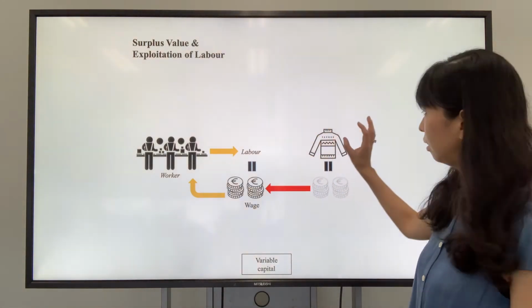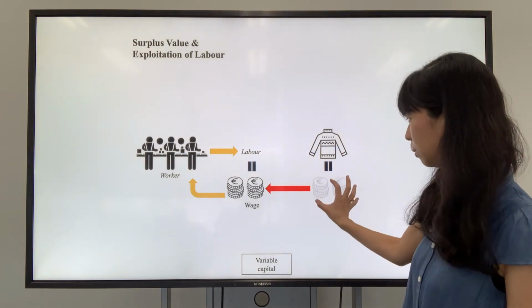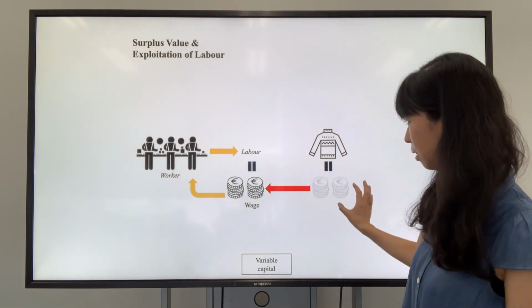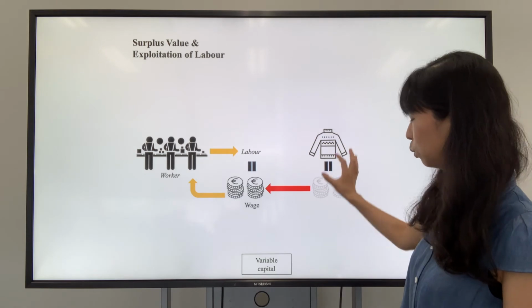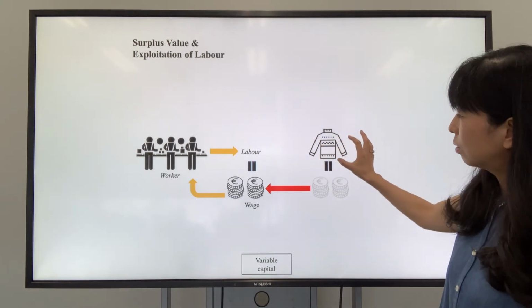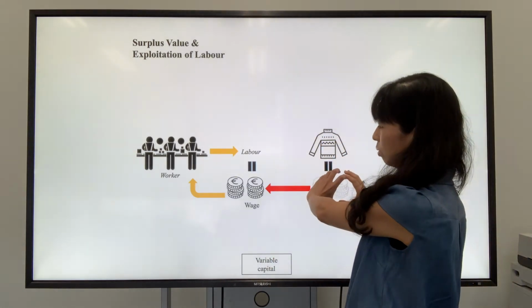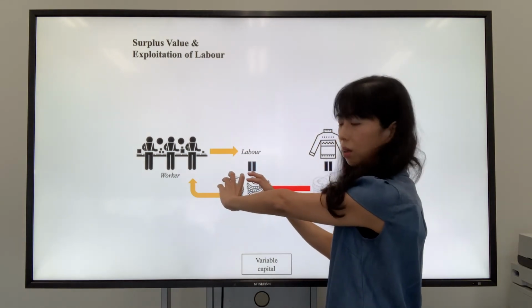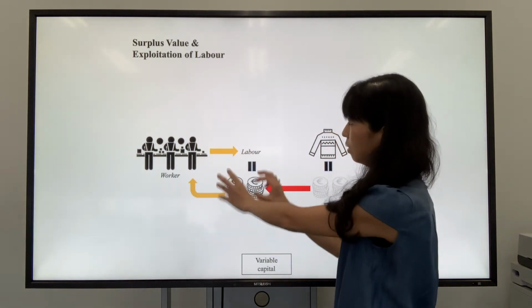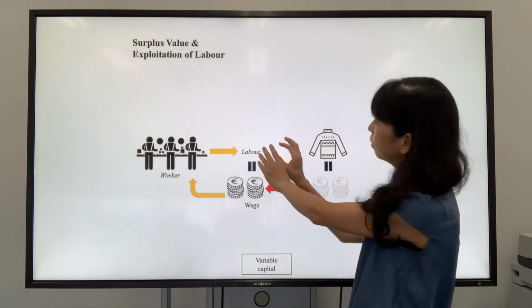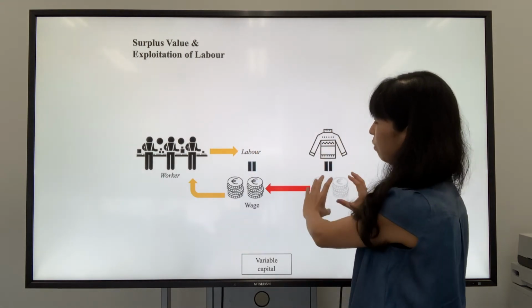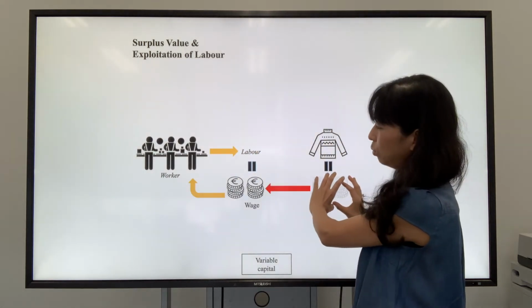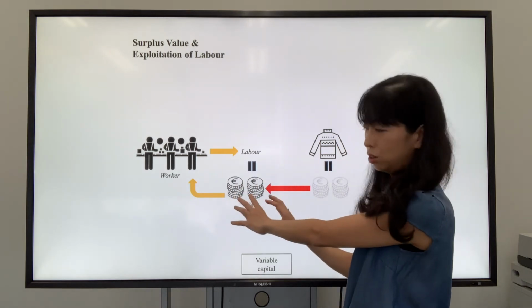As I said, there is a constant capital in order to produce a product. Technically, this should go to the worker, because the workers are selling their labor to produce this, and therefore they actually have the right to obtain this amount as wage.